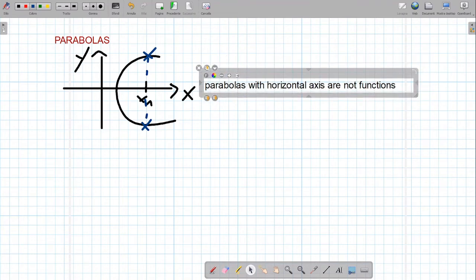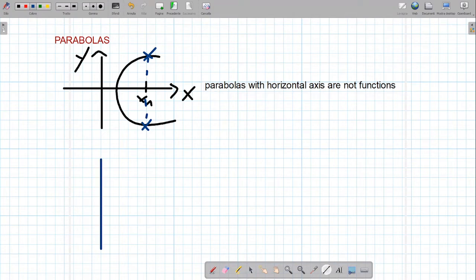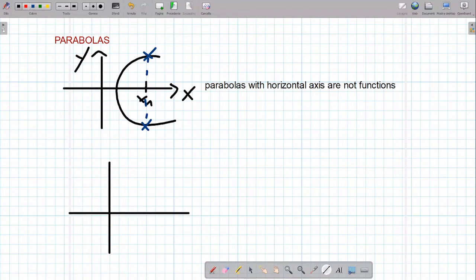So we will focus on the parable which has the vertical axis. An example, I'm just drawing it now, can be this one. And it can be quite understandable that if I'm choosing an x here, I will only find a point.